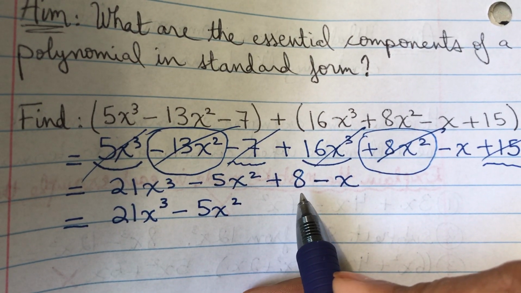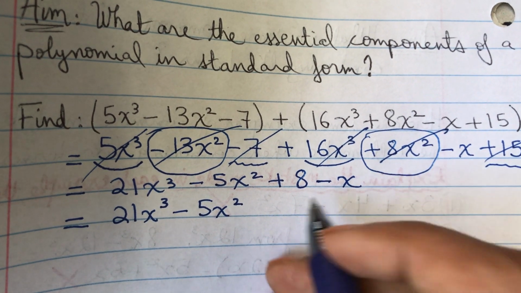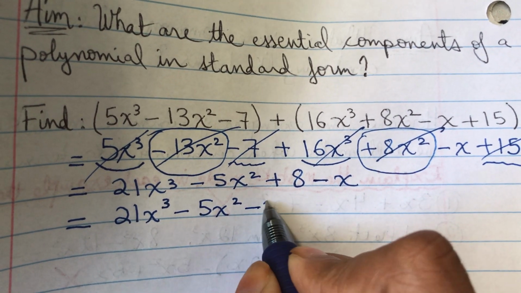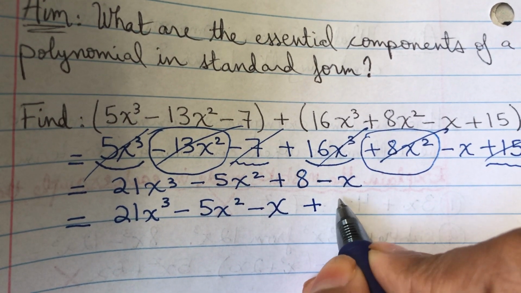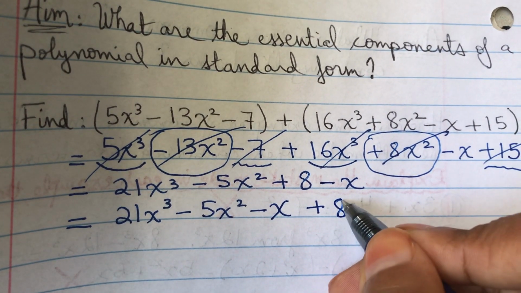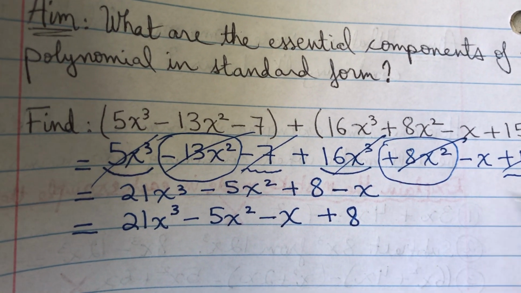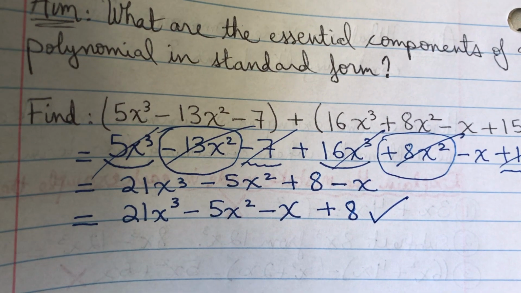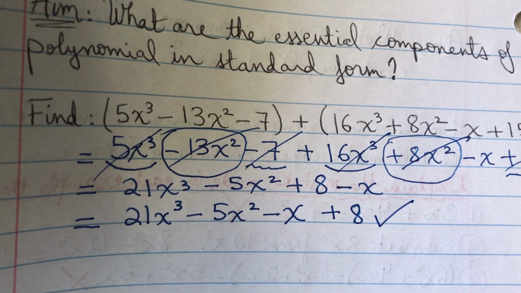Now 8 is the constant, but we have here negative x with a degree of 1, so we are going to put the negative x as our third term, and finally plus 8. And that is it. Pretty much our answer. And if you have any questions on anything, feel free to ask.